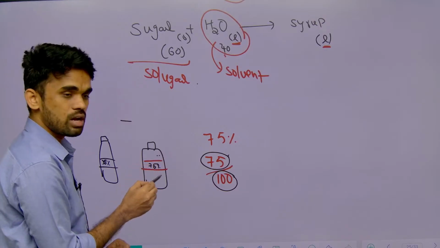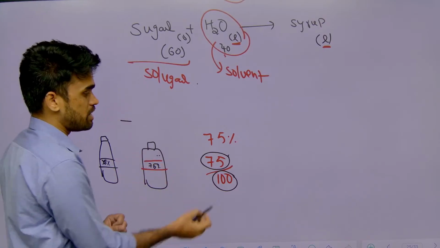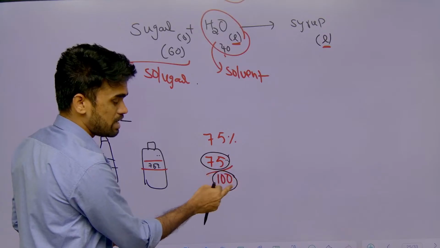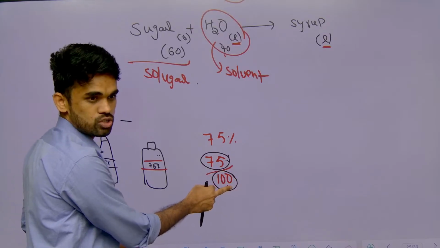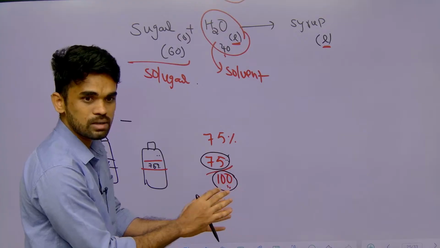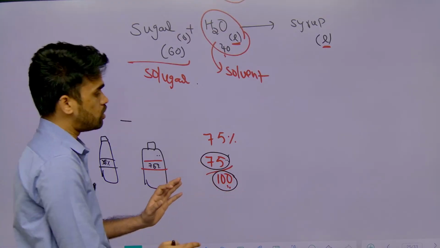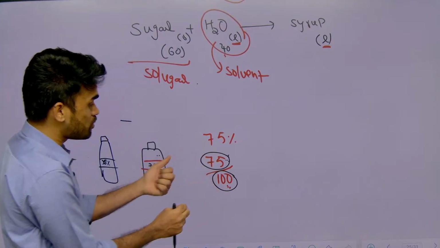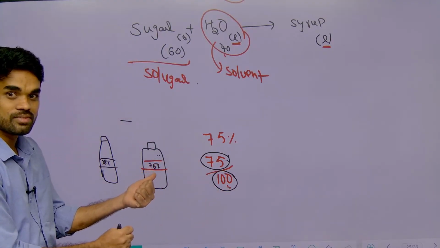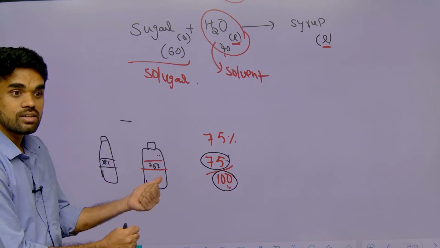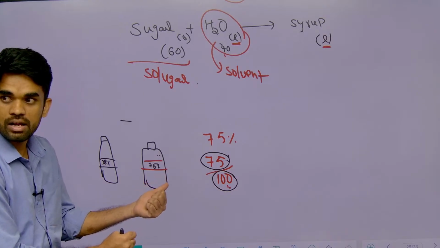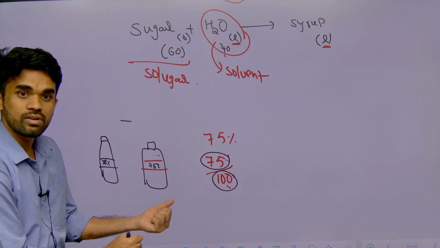Generally, an alcoholic solution means 75 ml of alcohol present in 100 ml of solution. The solution is generally made up of water plus this alcohol. So in a sanitizer bottle, there is 75 ml of alcohol and the remaining 25 ml is water.